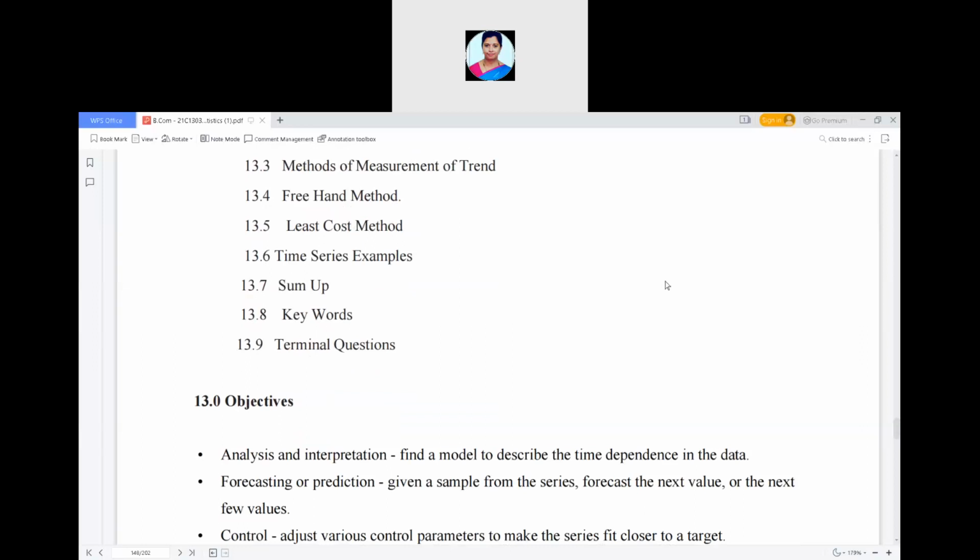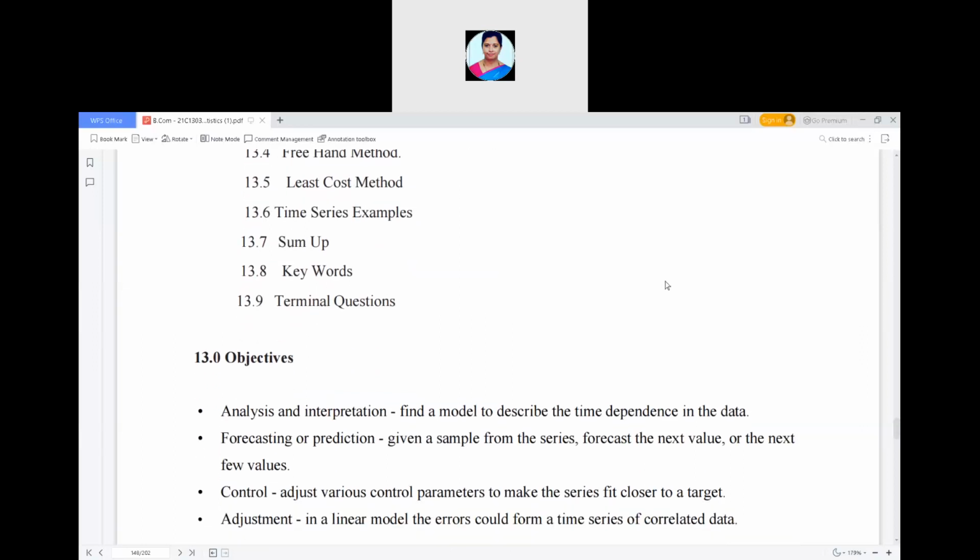So what is our objective? Here we are going to do analysis and interpretation, and we are finding a model to describe the time dependence in the data. The next one is we are going to predict or forecast from the time series, forecast the next value or next few values.